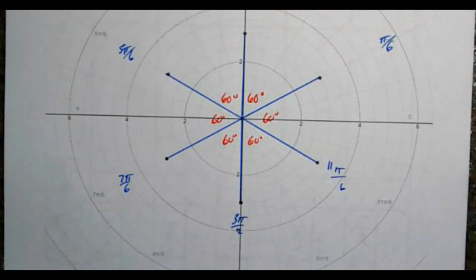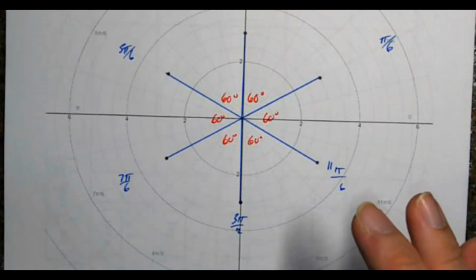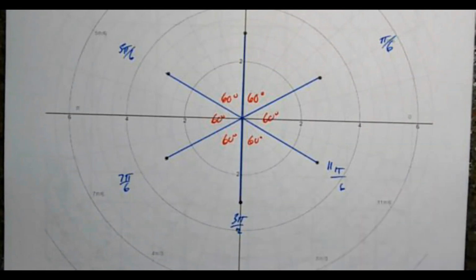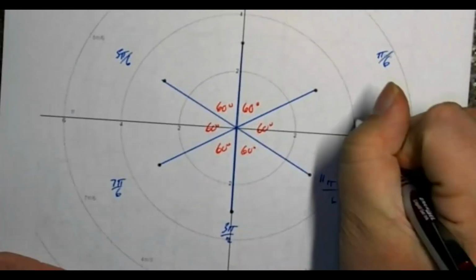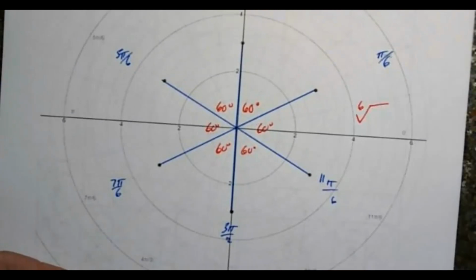So what we're doing here, it's a rotation. When you take the nth root of a complex number, you're actually rotating. Now, how do you know how much to rotate? Well, pretty simple. We were taking the 6th root.